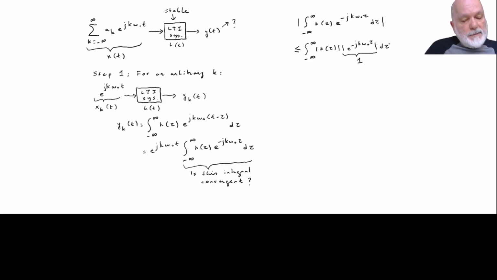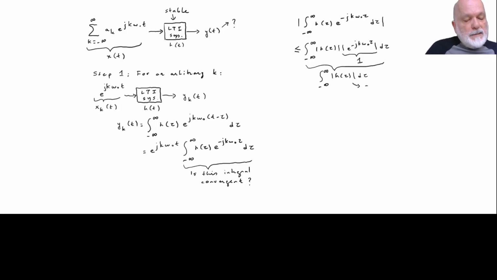So this expression is just the integral from minus infinity to plus infinity of h of tau, integrated with respect to tau. Now we know that this must be finite so that we have a stable system.